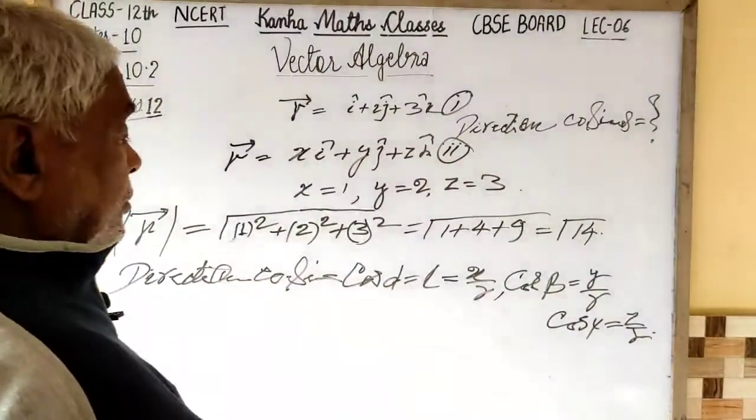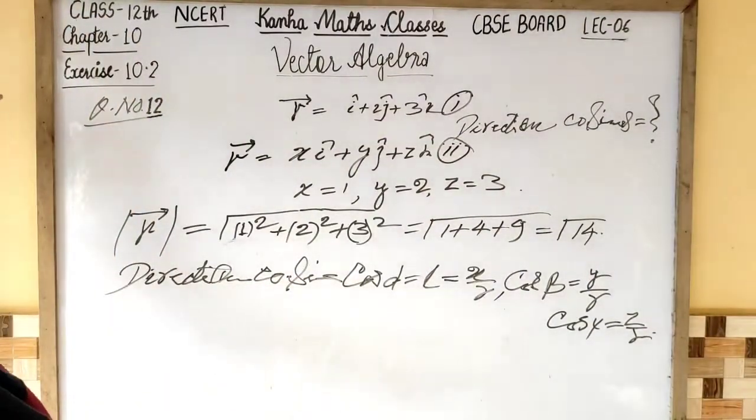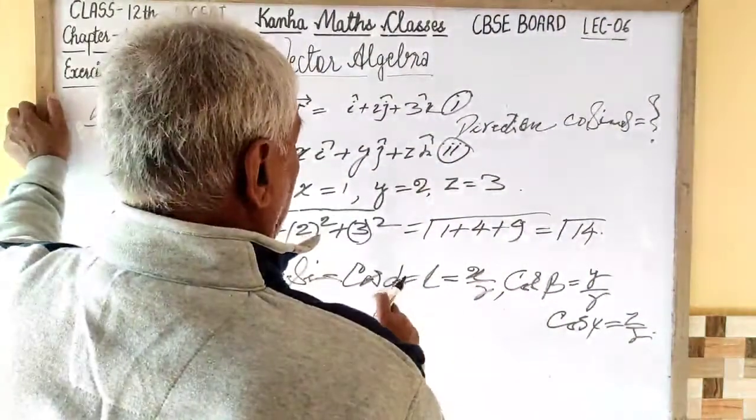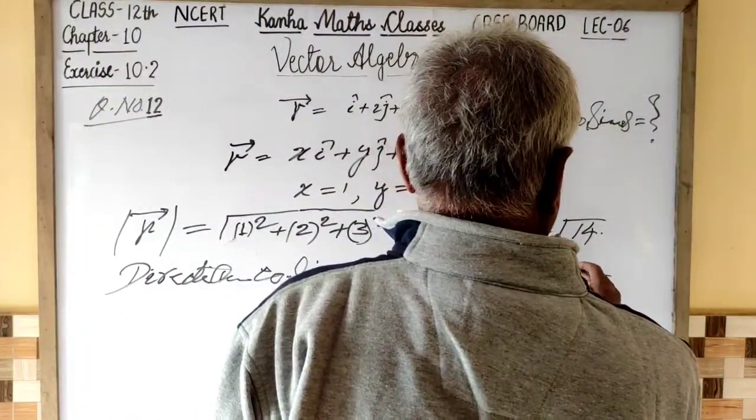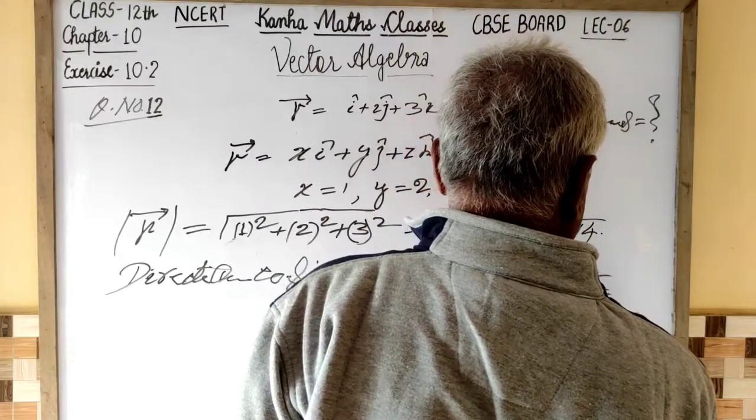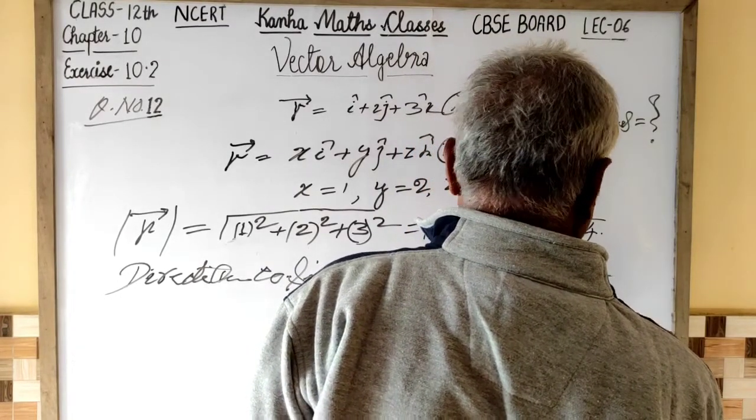You may denote the direction cosines cos alpha is equal to l, cos beta is equal to m, and cos gamma is equal to n also.